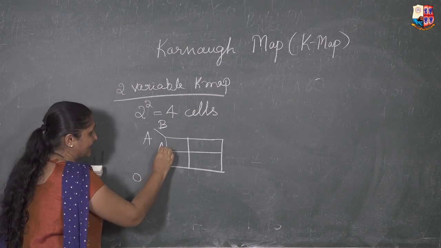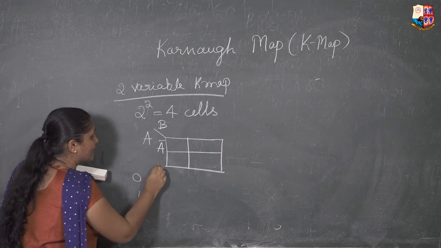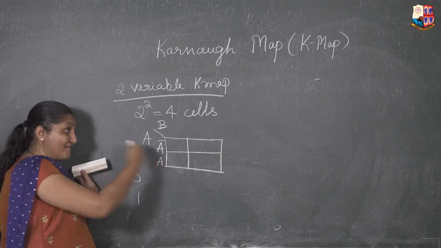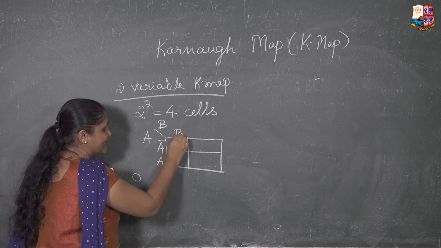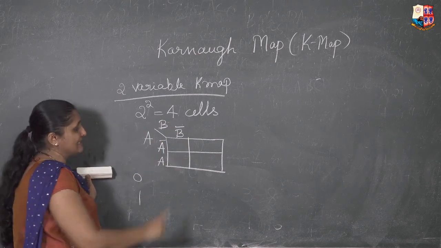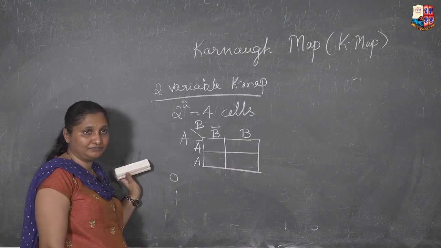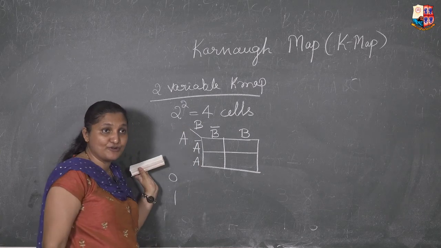So I write A bar for 0, and A for 1. Same way along the columns, the first column represents 0, that is B bar, and the second column represents B, that is 1.